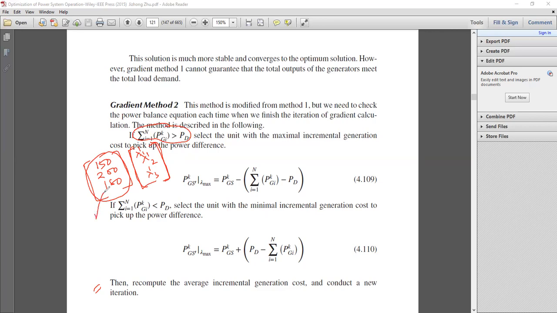But now you are updating it to 150, 170 and 180, so you have some new PGs. With these new PGs in the same iteration, you actually have to recalculate your average lambda. Is it clear?